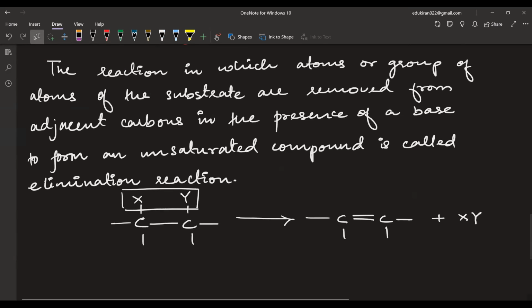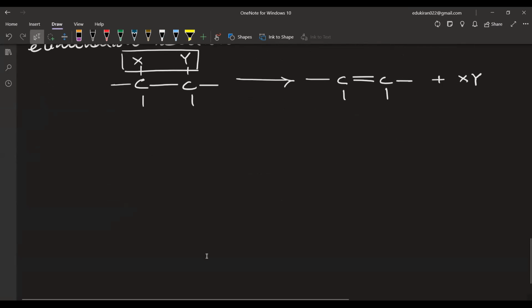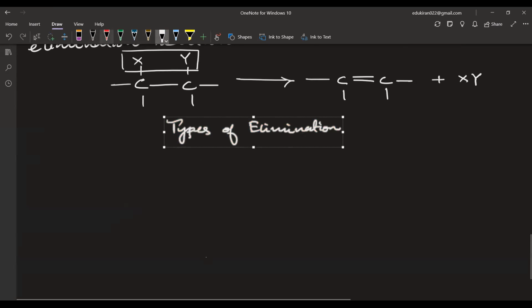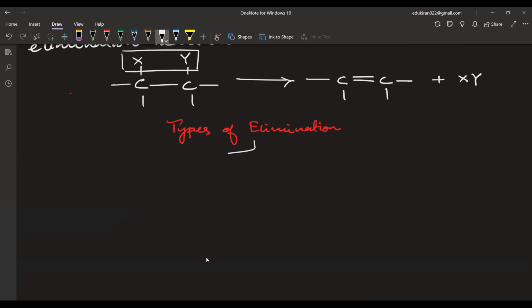There are 2 types of elimination that can happen. Please write types of elimination reaction. One is known as E1 and the other one is known as E2.